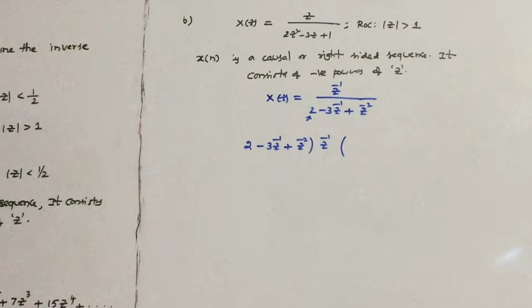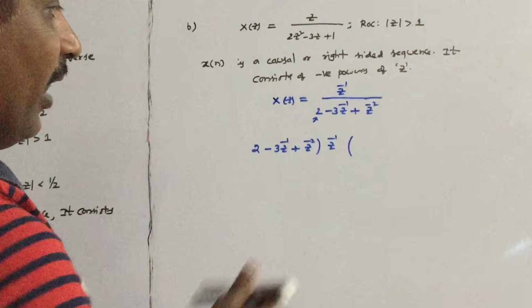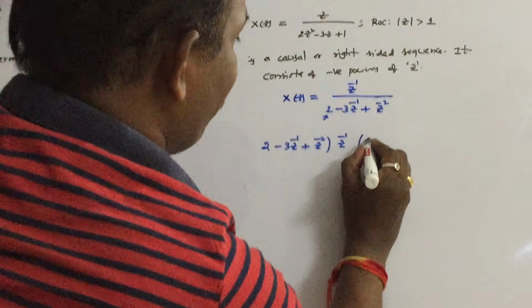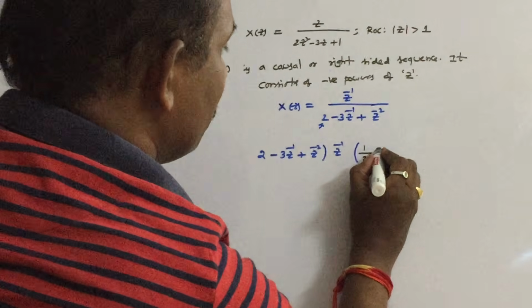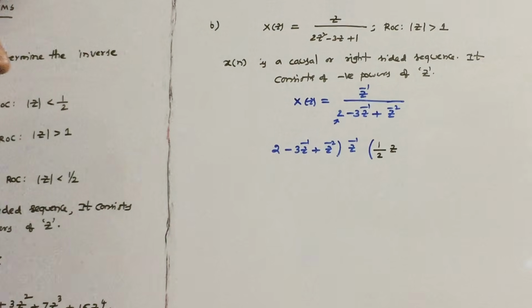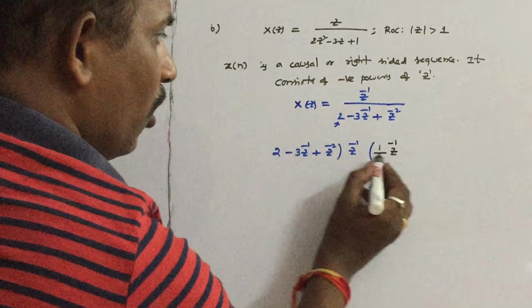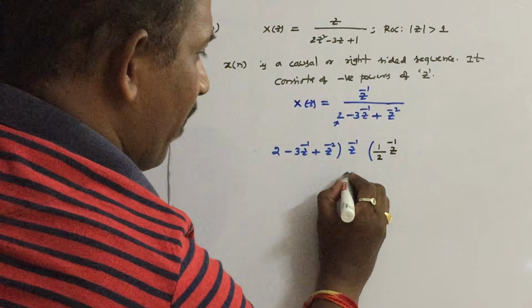So therefore, to get z power minus 1, multiply with 1 by 2 z inverse. 1 by 2 z inverse. You can see that 2 gets cancelled out. Z power minus 1 will come.